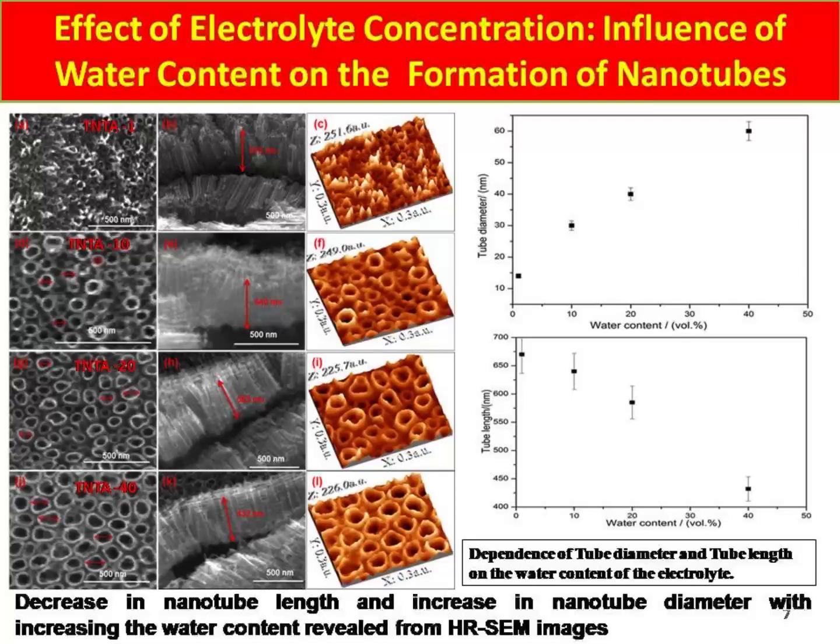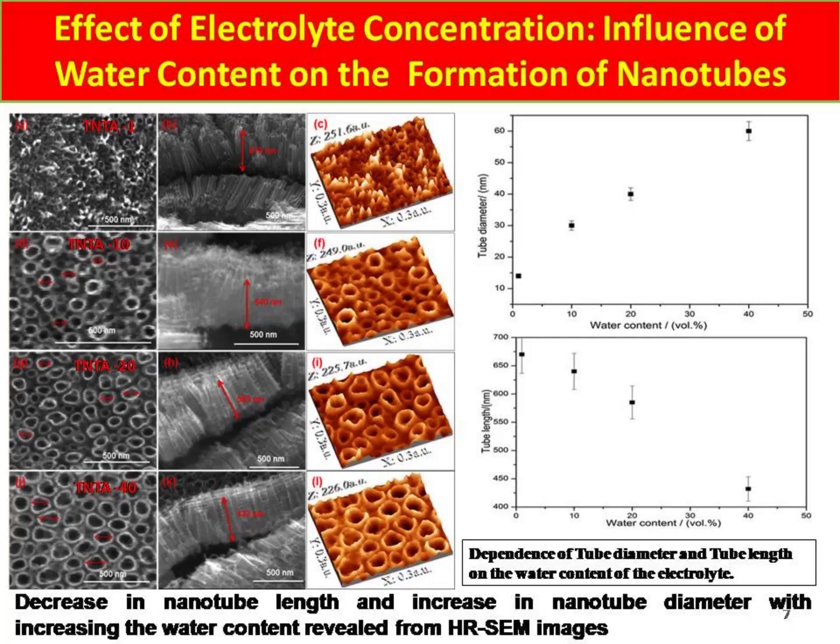The figure shows the effect of electrolyte concentration, that is the influence of water content on the formation of nanotubes. We have varied the water content from 0 to 40. The first one has water content 0, then T and TA 10, 20 and 40.